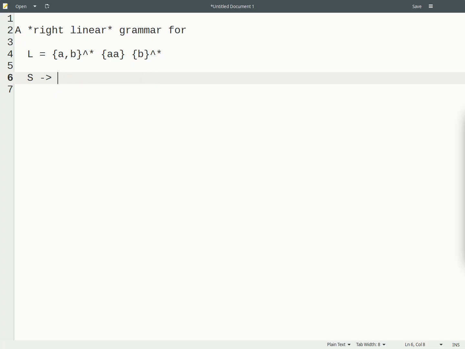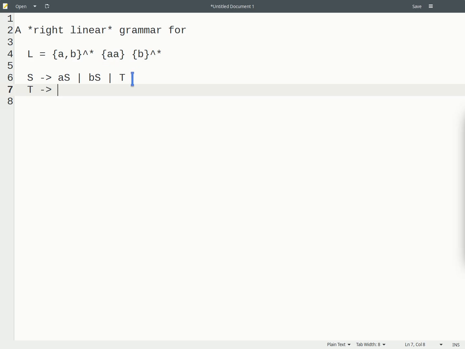So how do we do this? First, we have to generate arbitrary words over AB. Simple enough. We can generate an A, or we generate a B, or we say that we are done and we switch to the next part, namely generating the AA. How would we do this? We could, for instance, say that once we are done with generating an arbitrary word over AB, we go to a new letter T, and we can say that T now is responsible for generating this inner part.